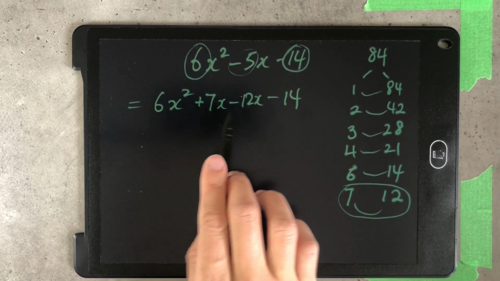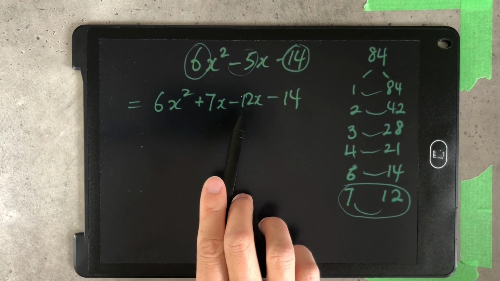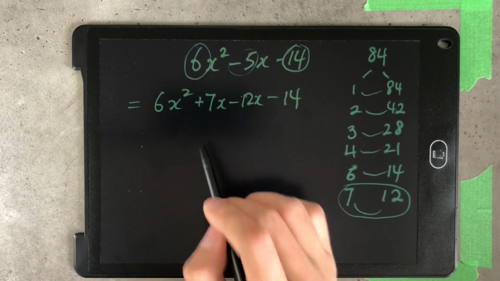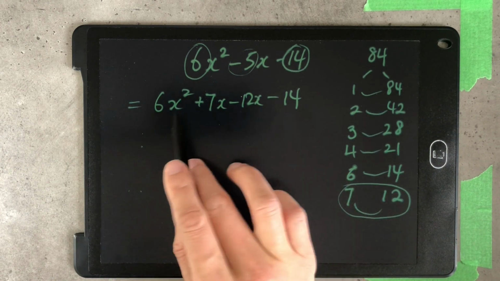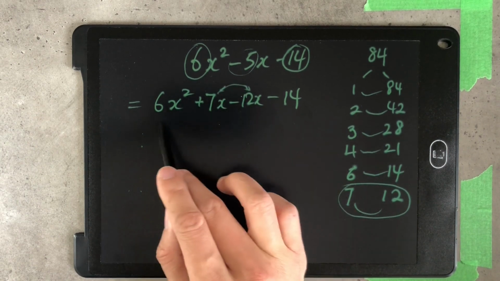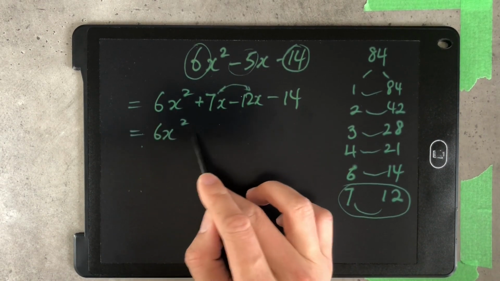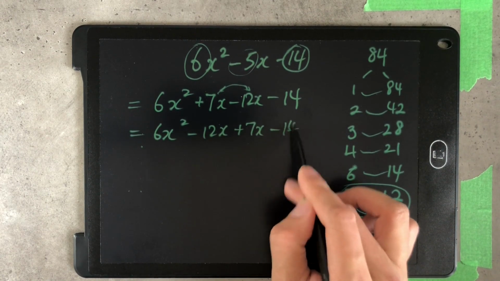We have to be careful about the sign of each one, because we want a negative, so the 12 must be negative. Now we're trying to form a factorable pair. So 6 and 7 don't go well together, but 6 and 12 go well together. So I'm just going to swap these two and get 6x squared minus 12x plus 7x minus 14.